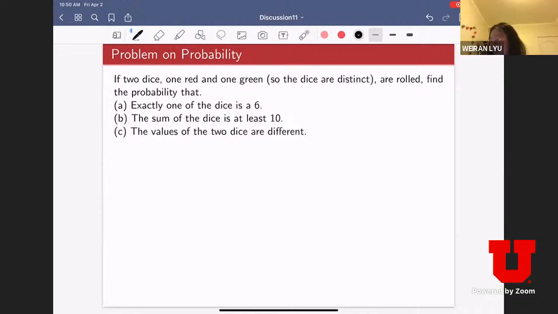All right, does anyone have an idea on part A? How are we going to find the probability that exactly one of the dice is a 6? There should be multiple ways to solve this part.